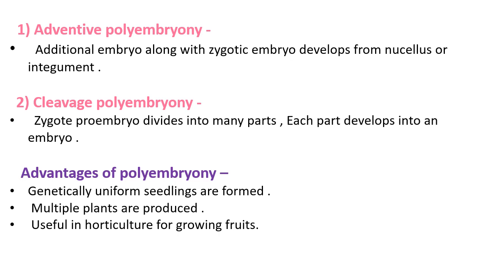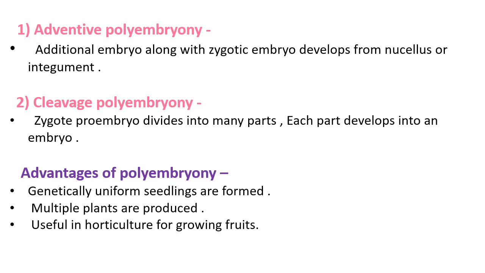In adventive polyembryony, an embryo develops directly from the diploid cell of nucellus or integuments in addition to the zygotic embryo. The second type of polyembryony is called as cleavage polyembryony.